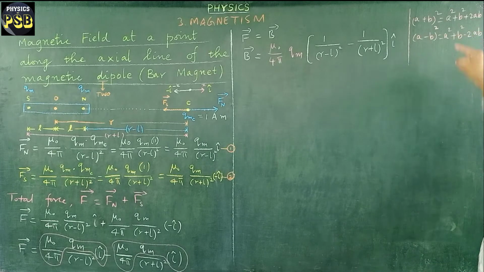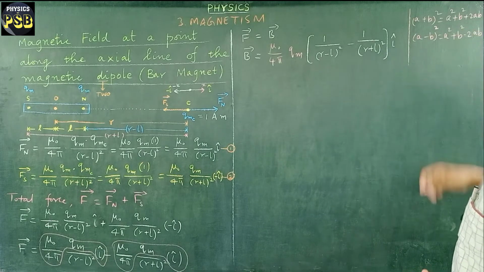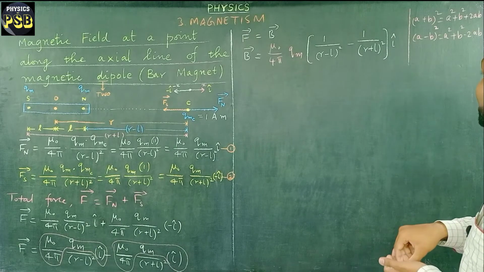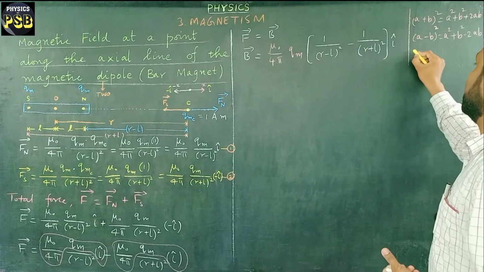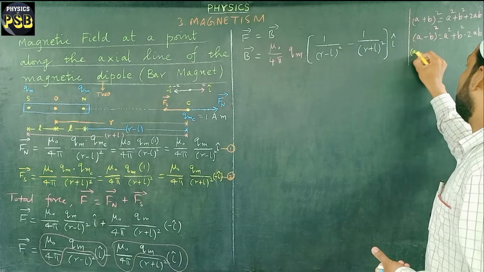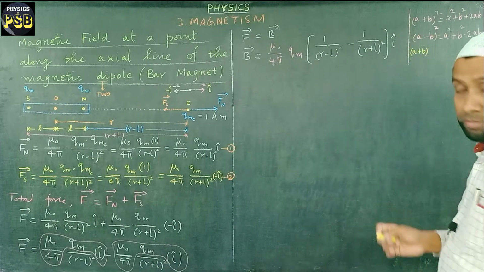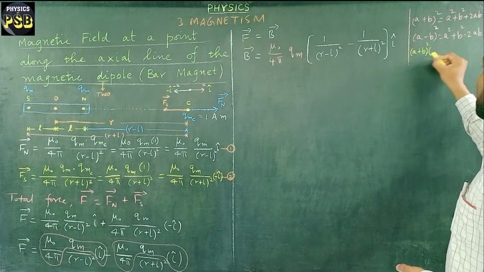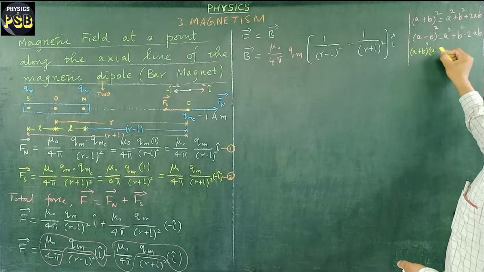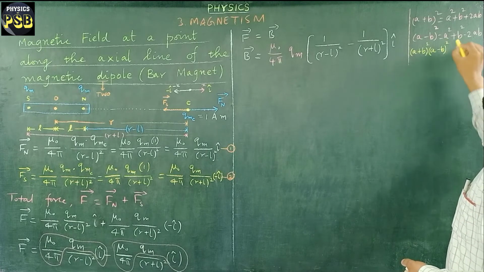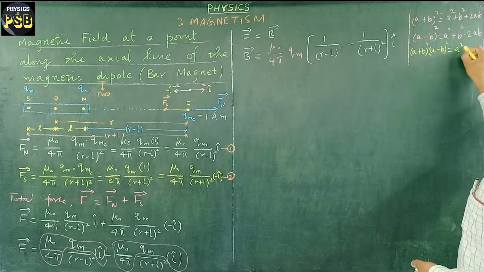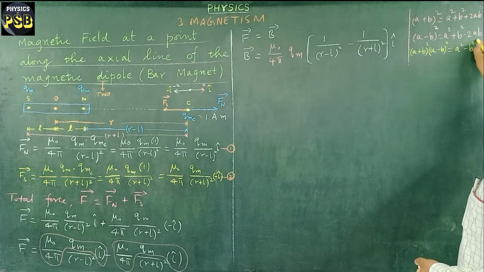Now we are aware of these two formulas. Now one more thing is known to us. What is that? It is nothing but this: a plus b whole square multiplied with a minus b whole square equals a square minus b square, to the whole square.